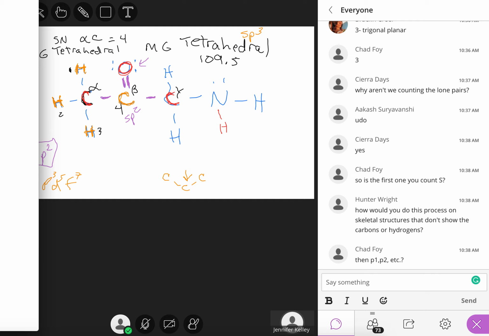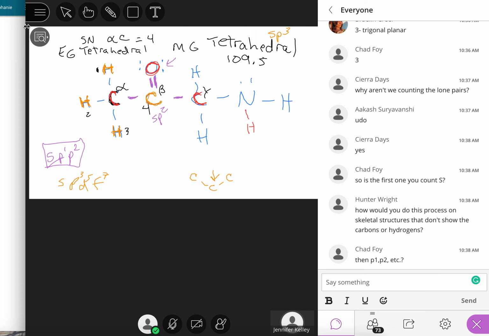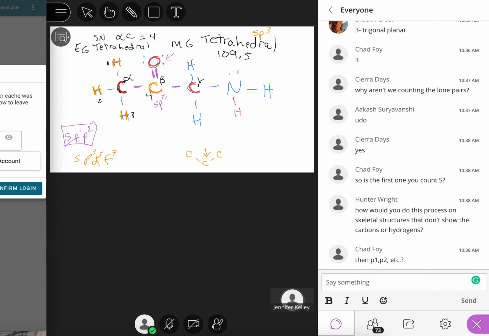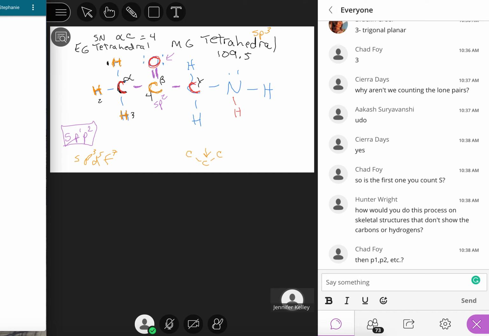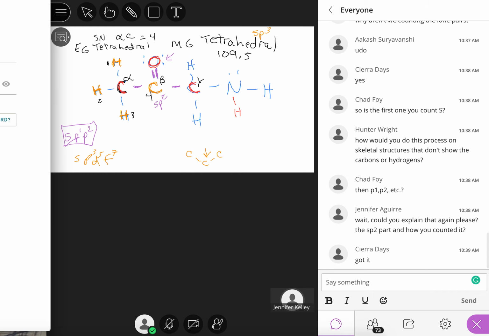So if it's terminal, like on the end, which would be all of the hydrogens plus that oxygen, they're not going to hybridize. Only the central atoms will have hybrid orbitals. So we're only concerned with what's directly connected to the carbon itself. And it doesn't matter that oxygen has lone pairs. It wouldn't matter if carbon had lone pairs either. Exactly, Chad. That's exactly how you do that.